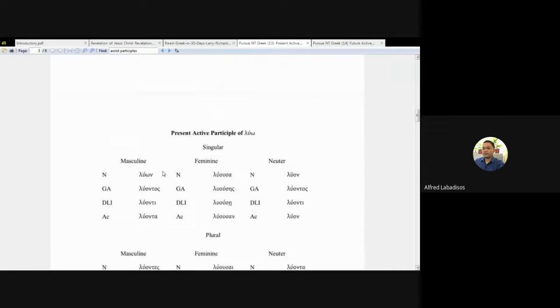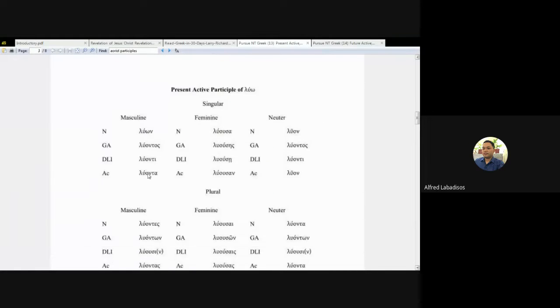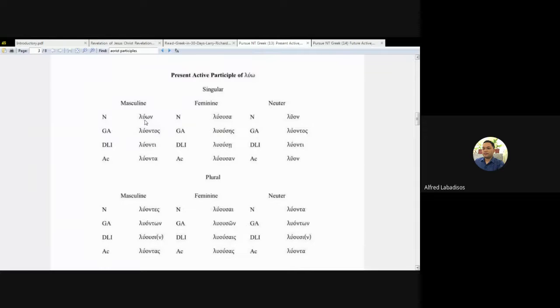Memorize the endings. If you memorize the endings, you can identify the function or the case, the gender, and the number of a participle.